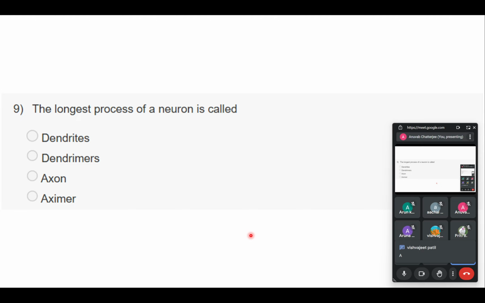Vishwajit says it is dendrites, the longest process of a neuron. Anyone else wants to try and answer this? You can put whatever you think is the correct option into the chat.